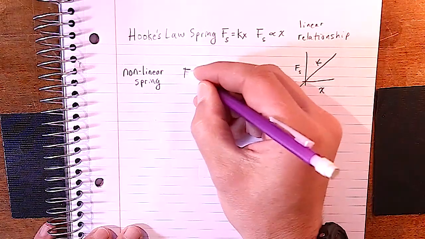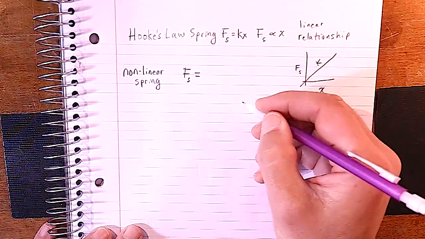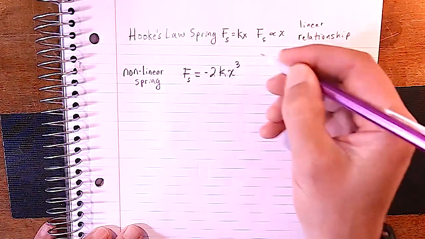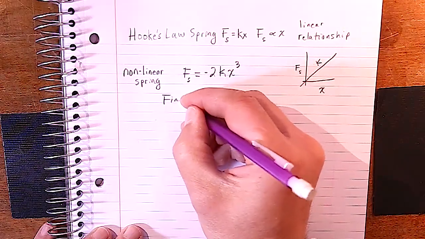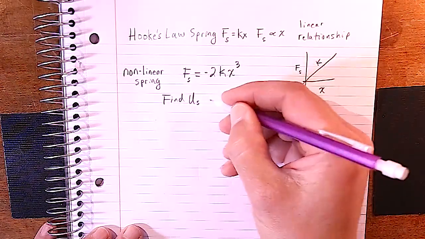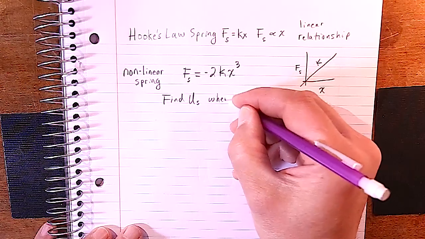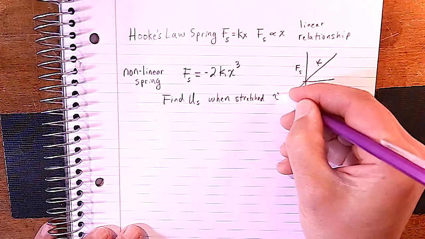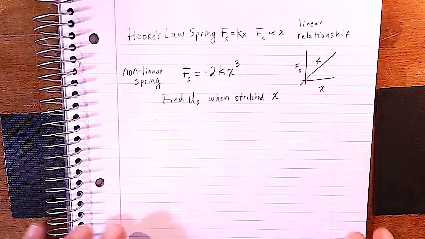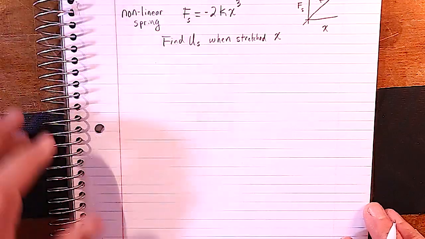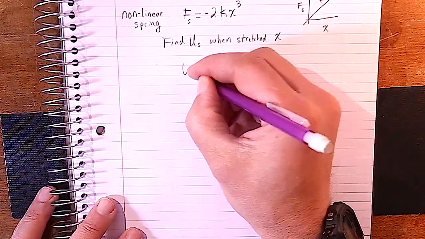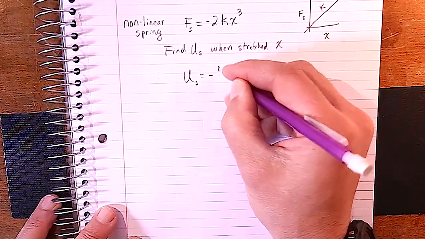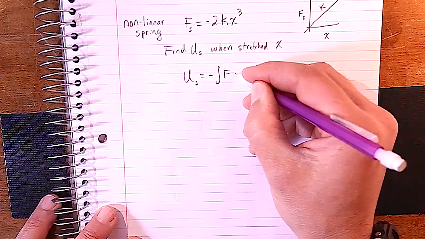An example of this would be saying, let's say we have a force of spring that's equal to negative 2kx cubed. And let's say they want us to find the spring potential energy when it's stretched some distance, we'll just call it x, so from 0 to x. How do we do that? Well, we know that the formula for potential energy, because it's a conservative force, is going to be negative integral of f dx.